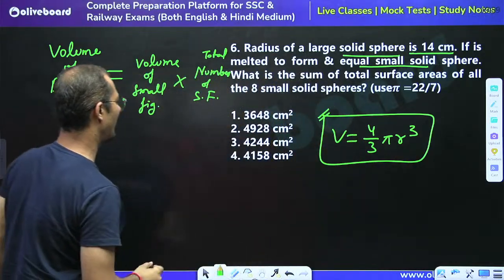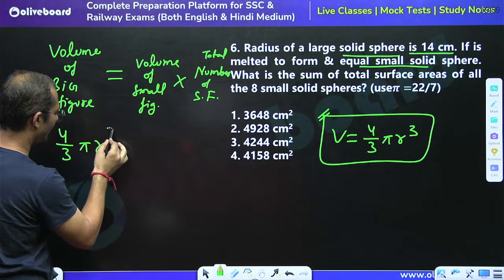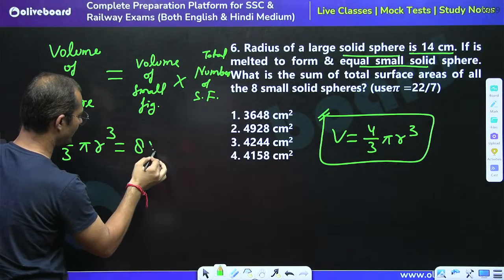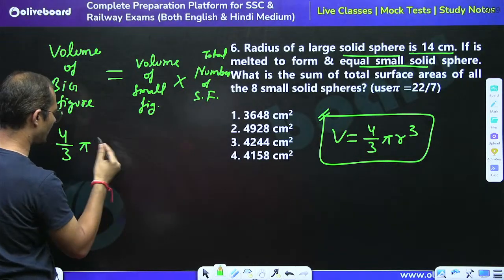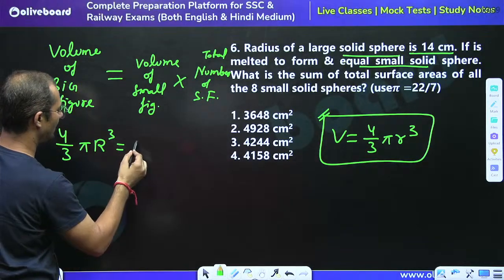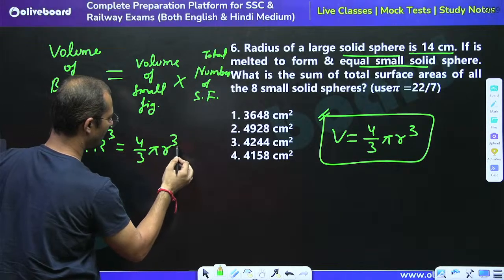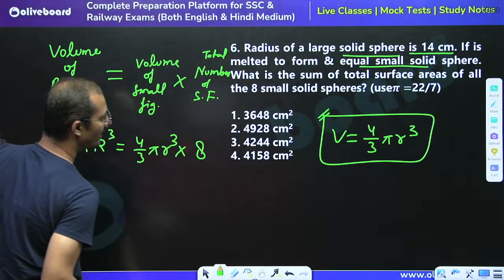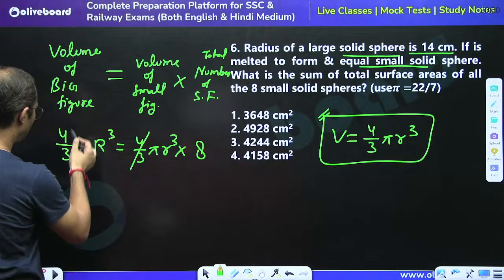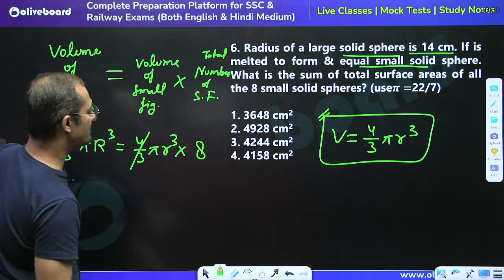So we can say that 4 upon 3 pi R cube is equal to 8 into, right? Here we are going to take capital R for the big figure. So 4 upon 3 pi small r cube for the small figure, into 8. We know that the radius of the big sphere is 14.